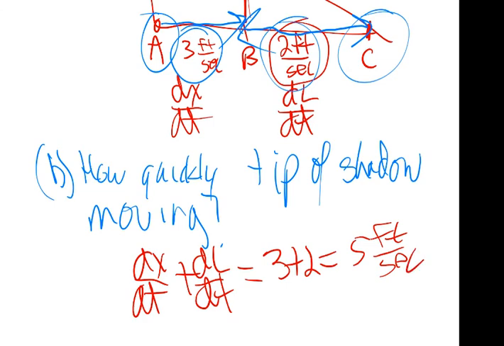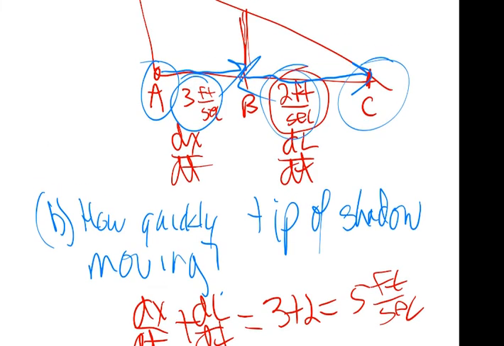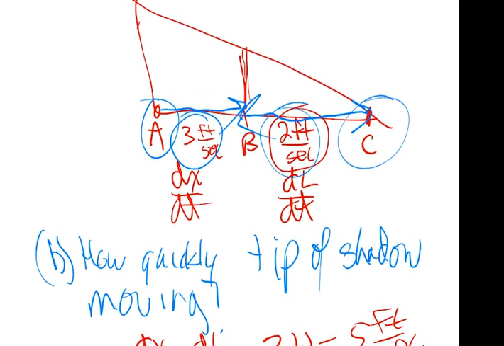So what I want you to remember is in these problems, there are only two questions that can be asked, right? The first question is, how quickly is the shadow lengthening? That's B to C. The other one is, how quickly is point C moving?